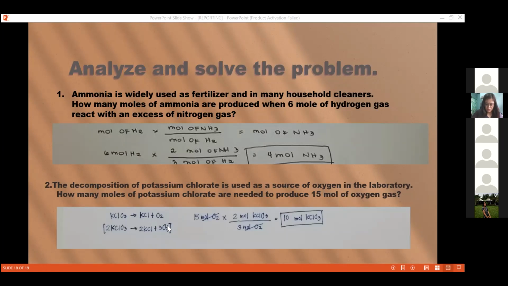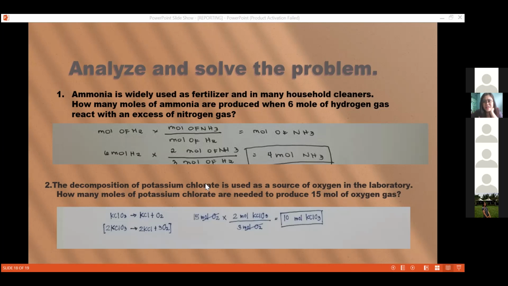First, we should get the balanced equation for nitrogen and hydrogen gas to ammonia to get the mole ratio, which is N2 plus 3H2 equals to 2NH3. So the solution will be 6 moles H2 multiplied by 2 mole NH3 over 3 mole H2. Cancel the moles of hydrogen gas, so the answer is 4 moles of ammonia.